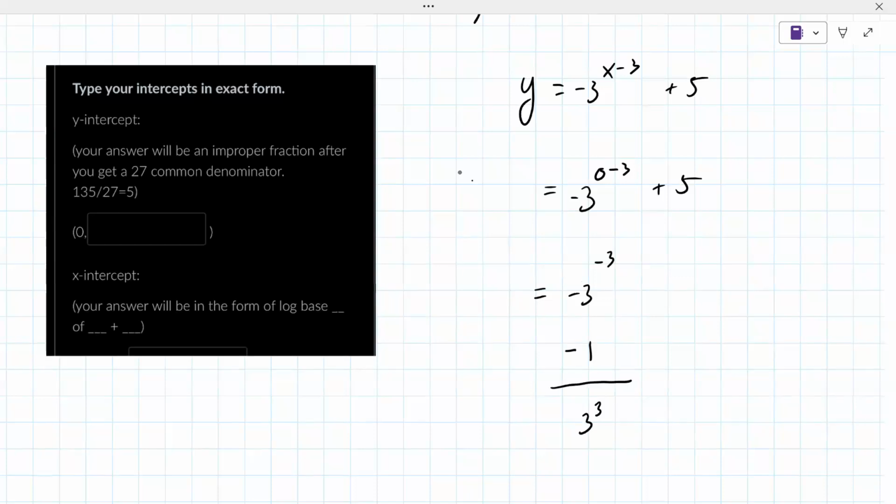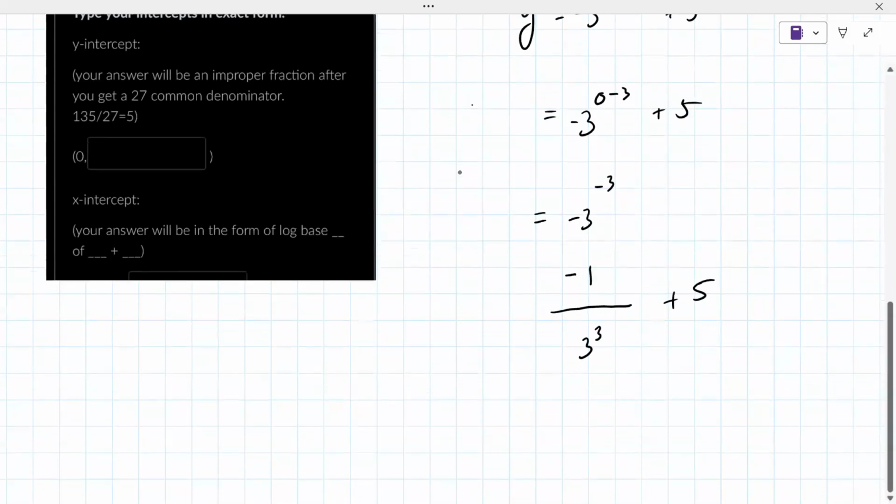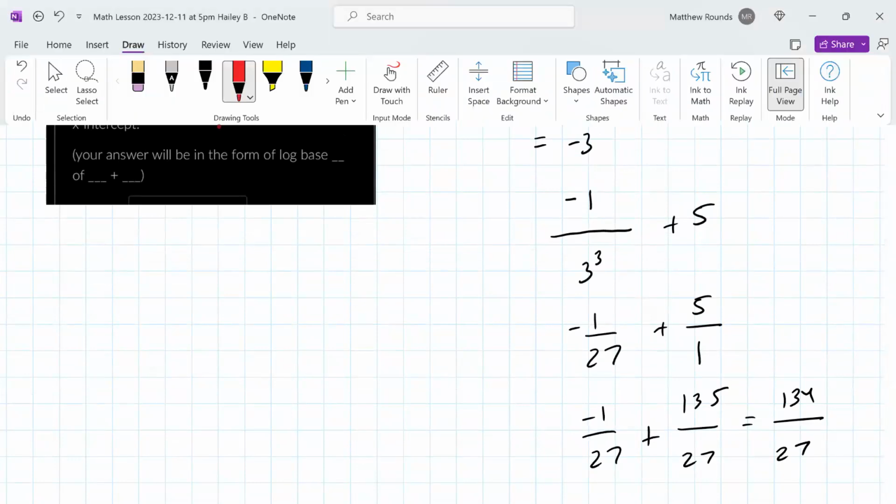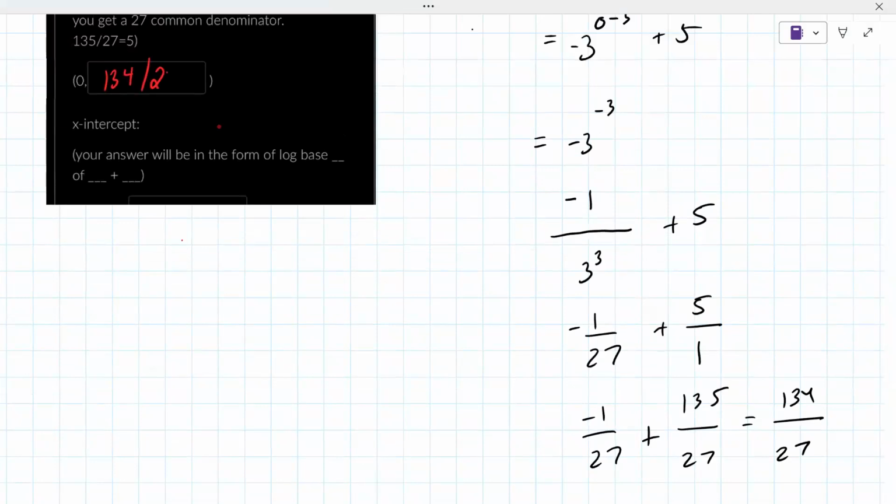It's only the 3 that's being raised to the -3 power. So this is -1 over 27 plus 5 over 1. You have to make a common denominator of 27. So it ends up being 134 over 27.